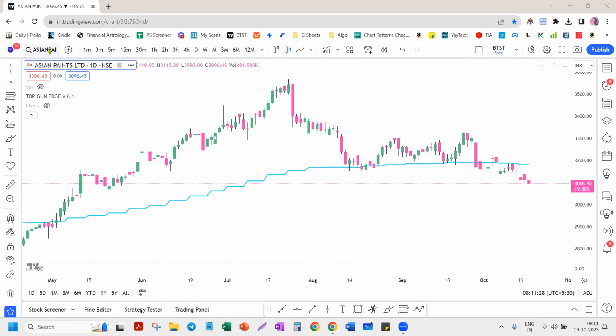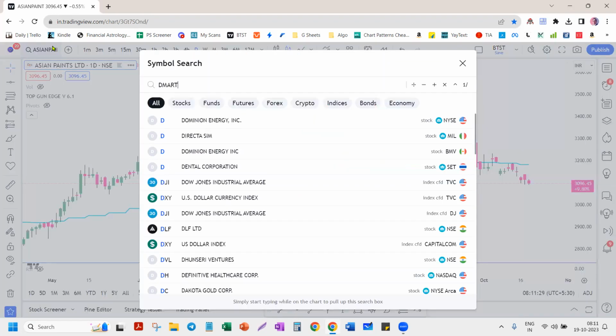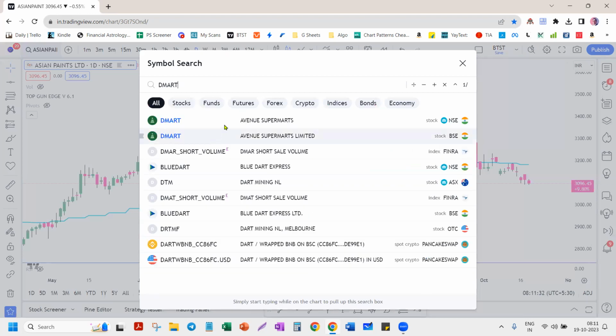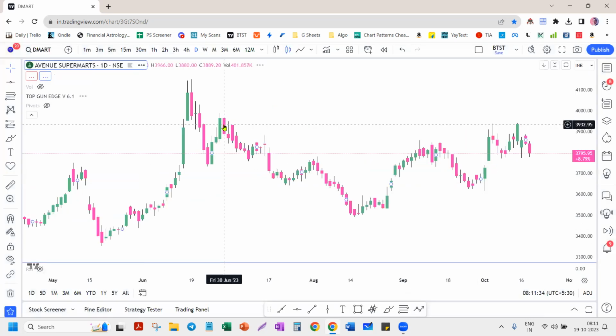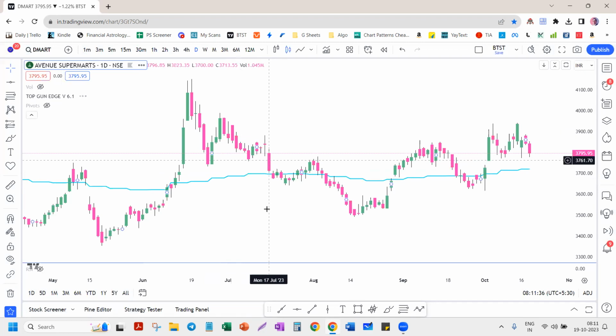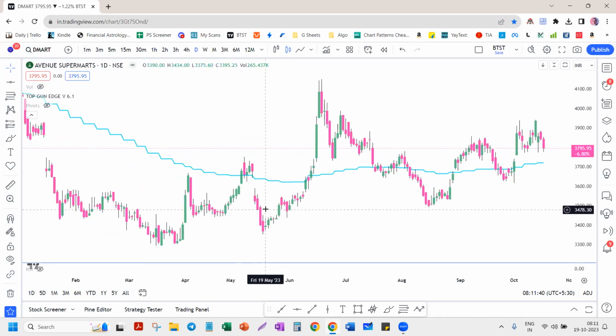So let's do one more case. Let's say DMart. See, you should do good shares. The reason is even if they fail, you know that it's not a loss making company. So you can easily enter. So for example, let's say this scenario, because it was a very short swing, 1, 2, 3, 4, 5 days only it came here.